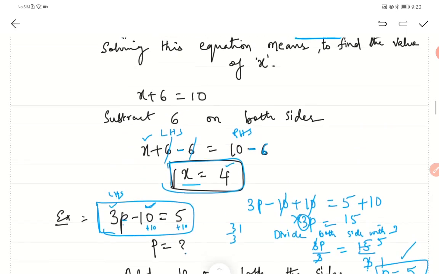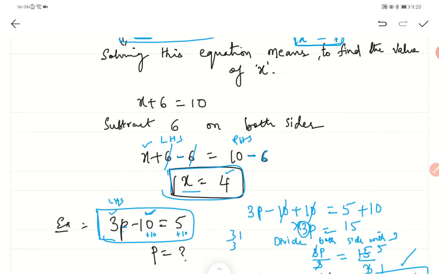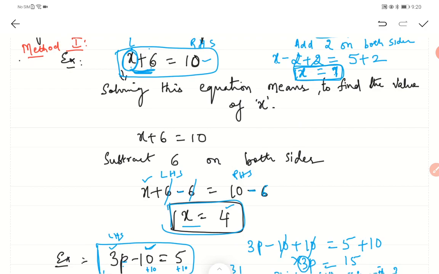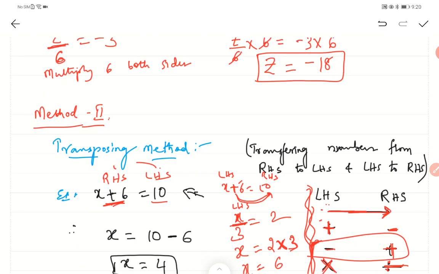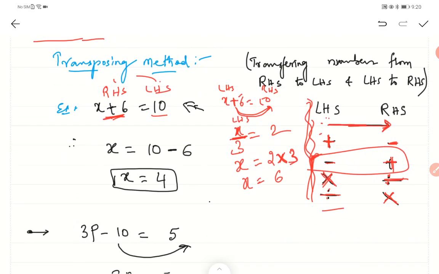The first method was either subtracting, multiplying, adding, or dividing on both sides with some number, so that you will get only x on the left hand side. And the second method is the transposing method, that is, you are transferring the numbers from the right hand side to the left hand side. All right, let's stop here.